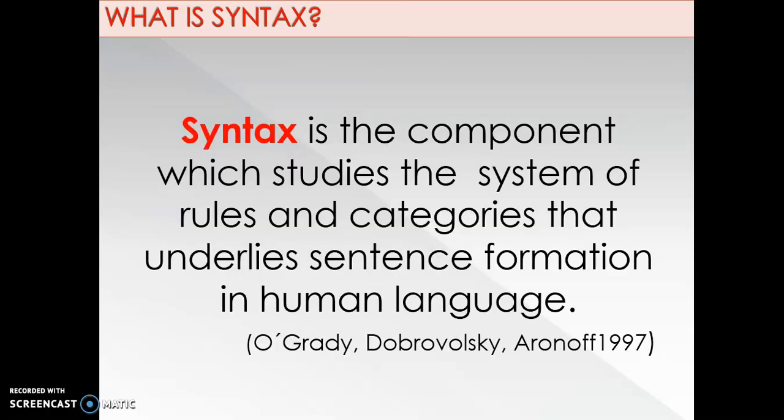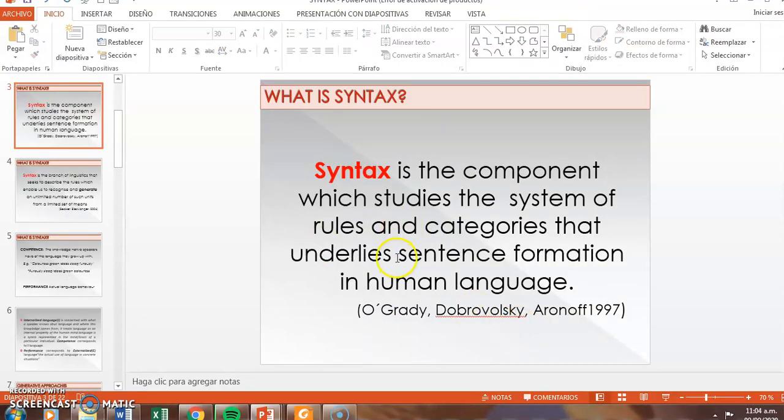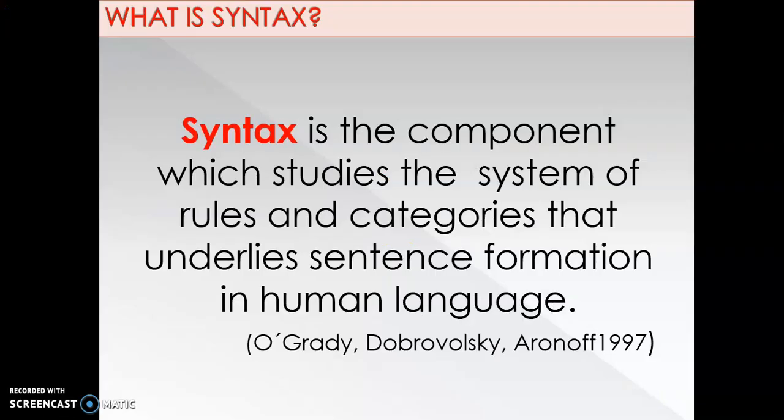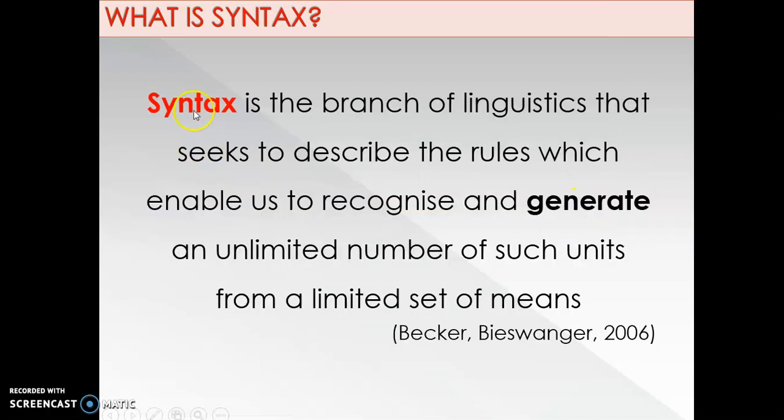O'Grady and Dobrowski state that syntax is the component which studies the system of rules and categories that underlie sentence formation in human language. So we're going to deal again with those ideas of rules and categories in learning languages.